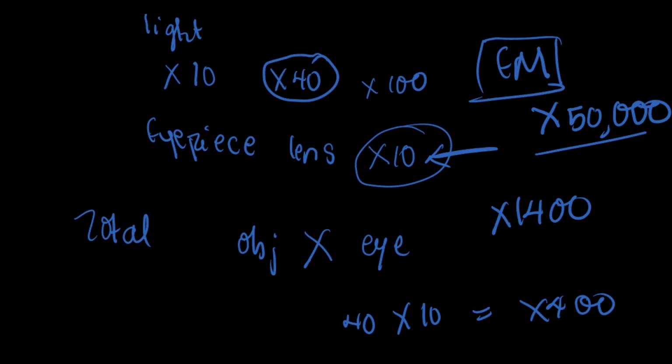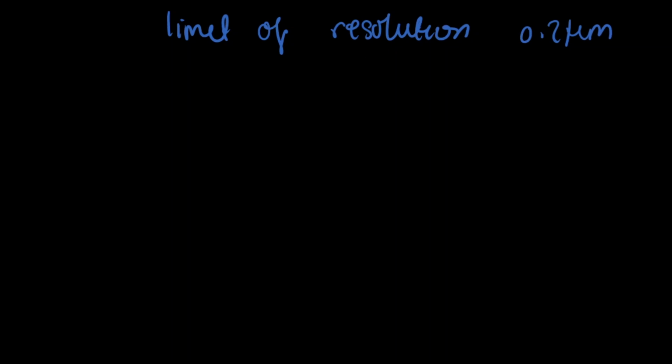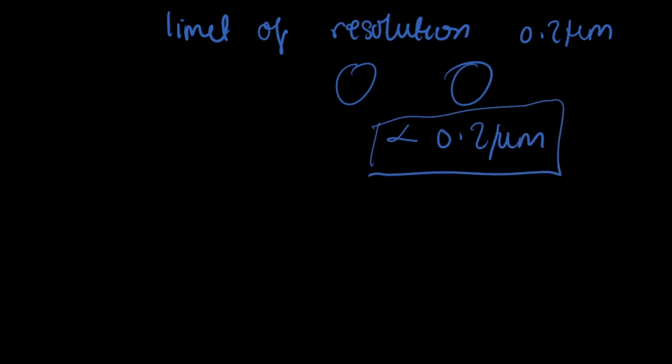Now, in speaking about resolution, I stated earlier that the light microscope has a limit of resolution of 0.2 micrometers. In other words, if the distance between two separate entities is less than 0.2 micrometers, the light microscope would be unable to distinguish these two images.